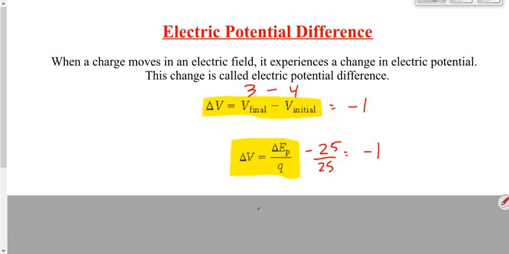Potential energy, 100. Then it's 75. Potential energy difference, 25. Potential was 4. Then it becomes 3. The potential difference is -1. Usually we just call it 1, actually, even though it's a minus.